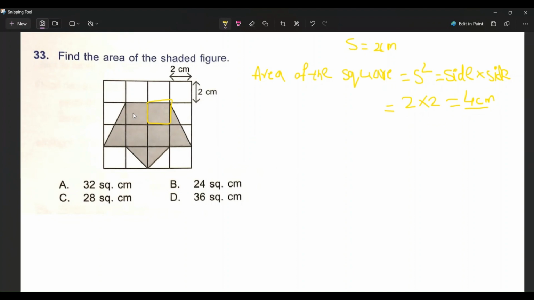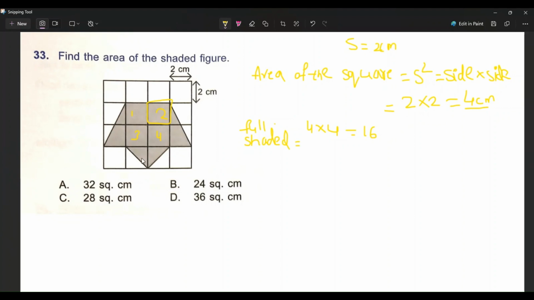Let's count how many full shaded squares are there. 1, 2, 3, 4. 1, 2, 3, 4. So let's write over here, 4 into 4 is equal to 16. This is for full shaded squares, children.